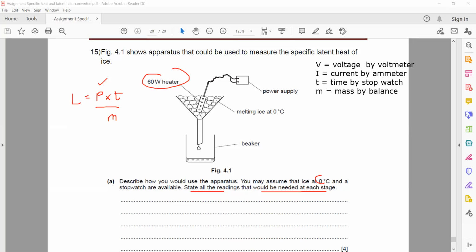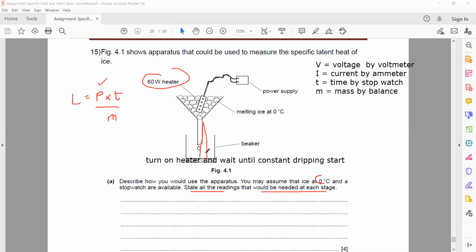So what we will do, we will turn on the heater and wait until constant dripping starts. What is the meaning of constant dripping? Constant dripping means that every second, for example, one drop of water is coming.